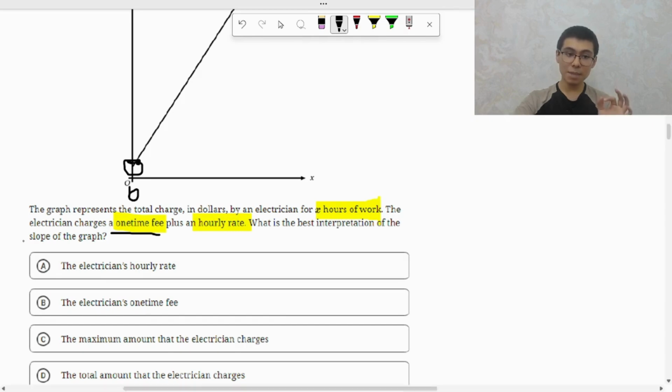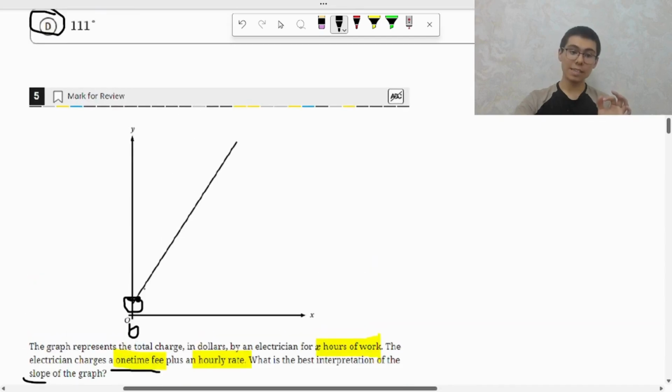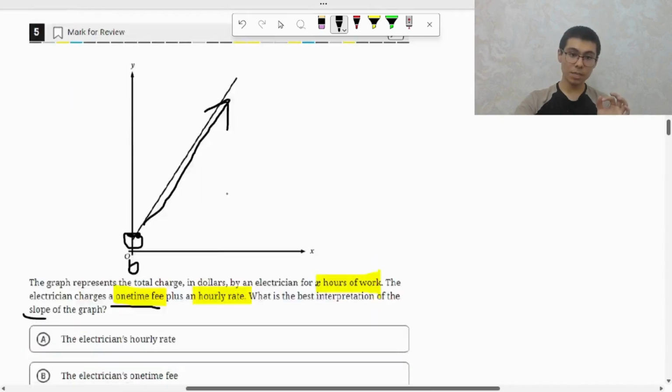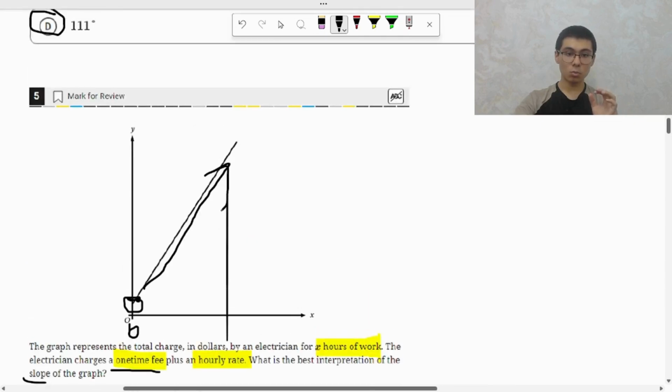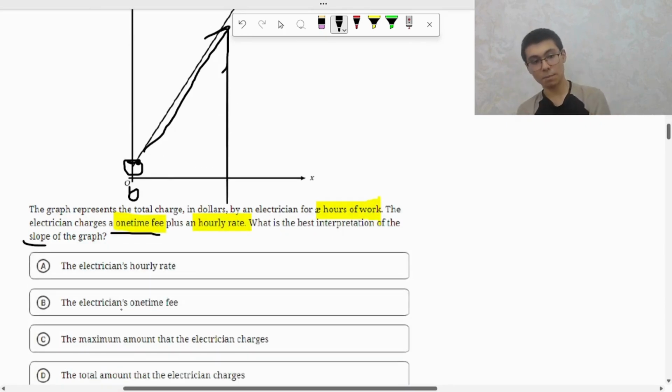And now they're asking about the slope in this question. What is actually the slope? Slope is what increases the price, in this case, for example. And what can increase the price?